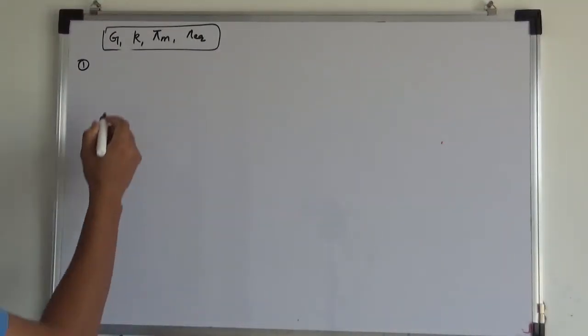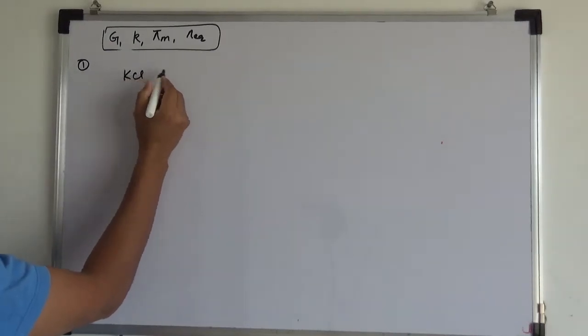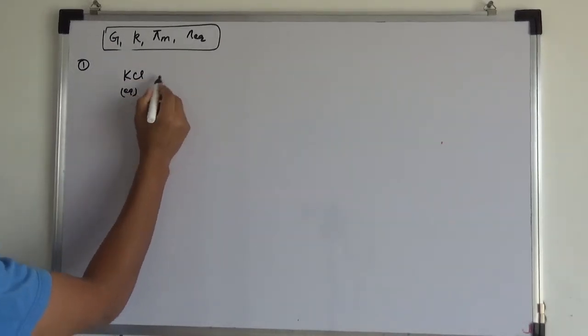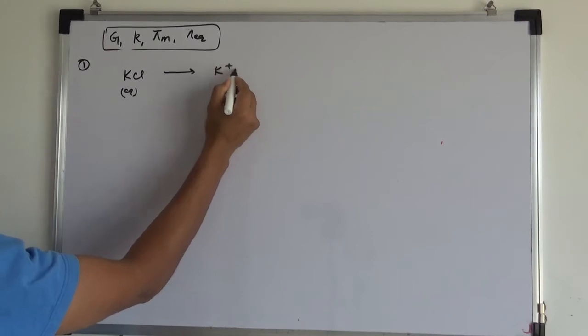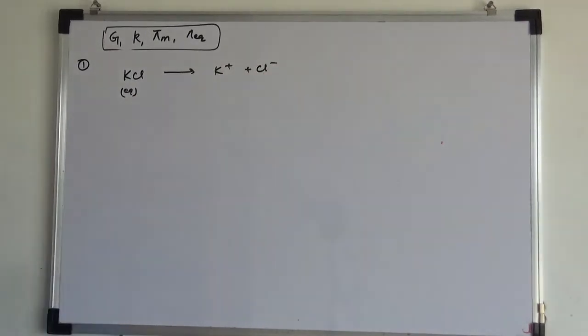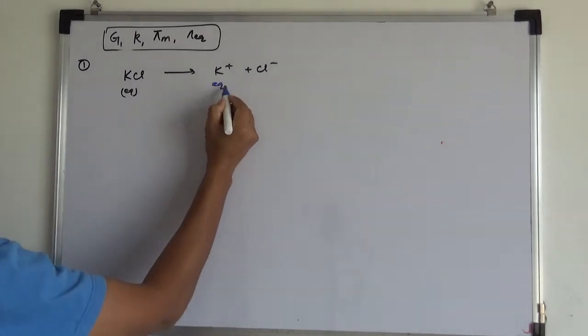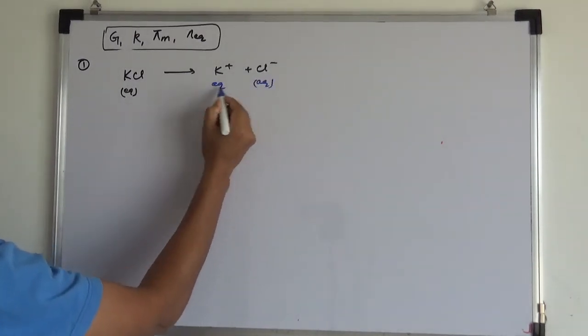Let's say we have taken KCl as an example. This is going to give me K+ and Cl-, both aqueous. It is strong, so it is going to dissociate completely.